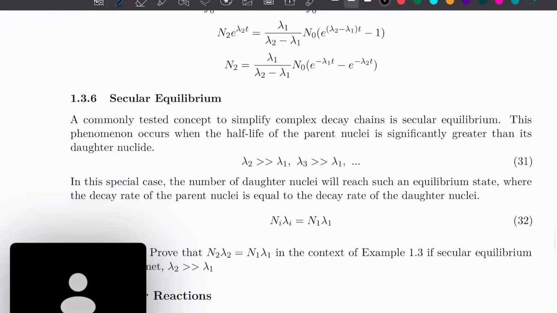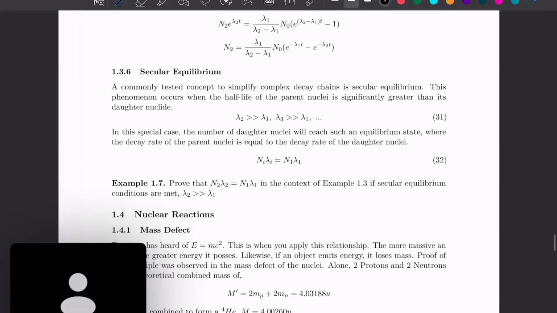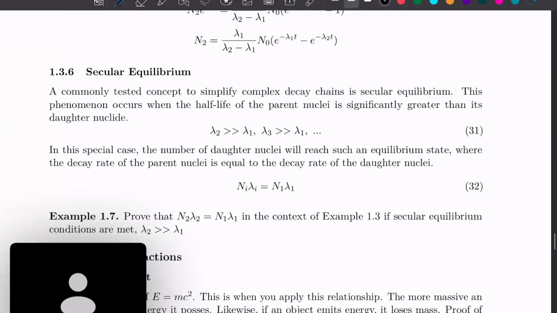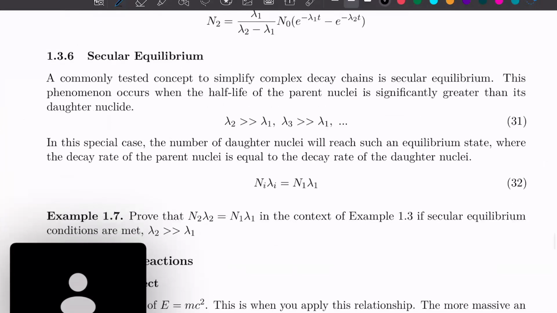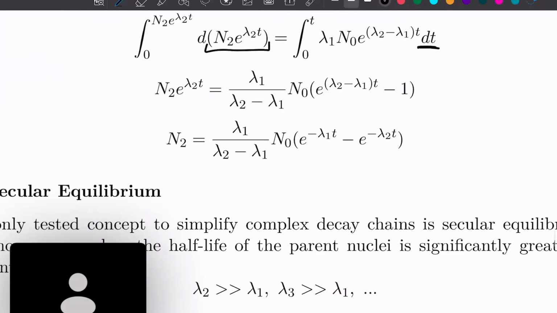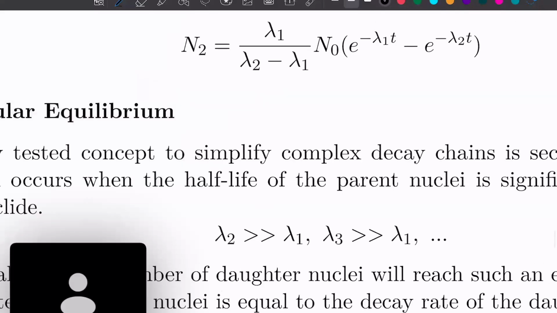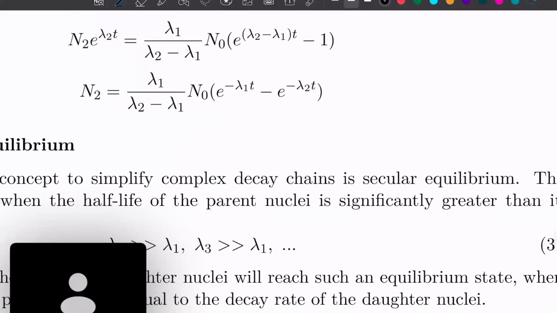So secular equilibrium is unlikely to be tested in SPhO lah, but I can still introduce. Basically, let's say we have 1 goes to 2 goes to 3 and so on.